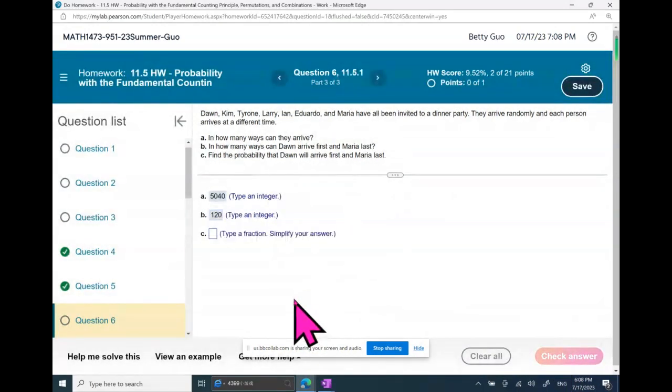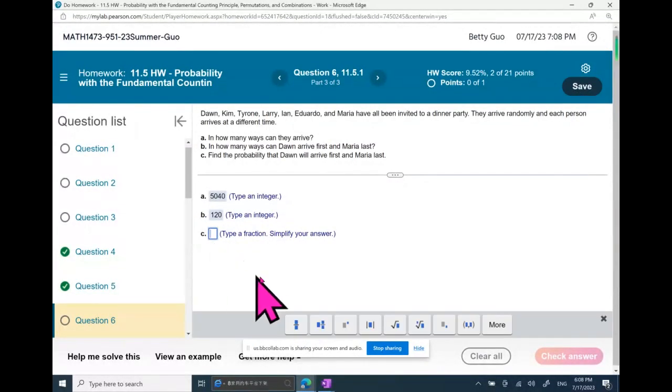Part C. Find the probability that Dawn will arrive first and Maria last. The answer for part C is supposed to be a probability, a fraction, so we have a numerator and a denominator.